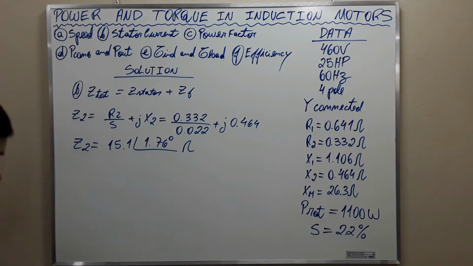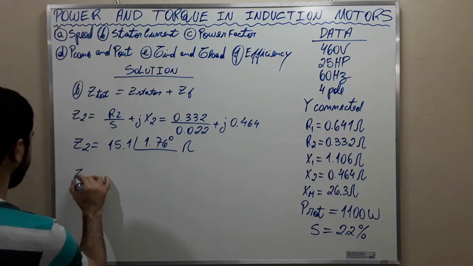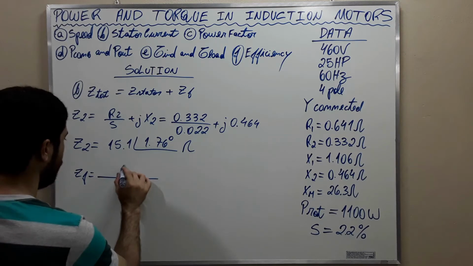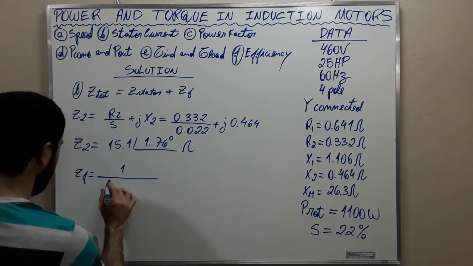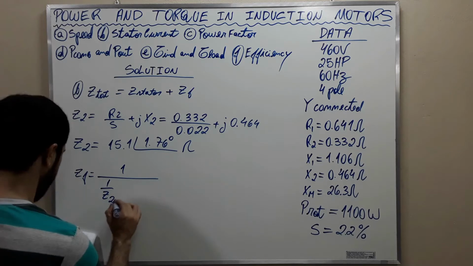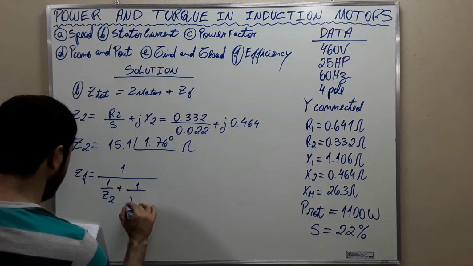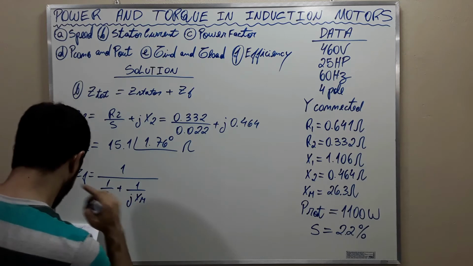Take a look at this. ZF is equal to 1 over Z2 plus 1 over jXm.